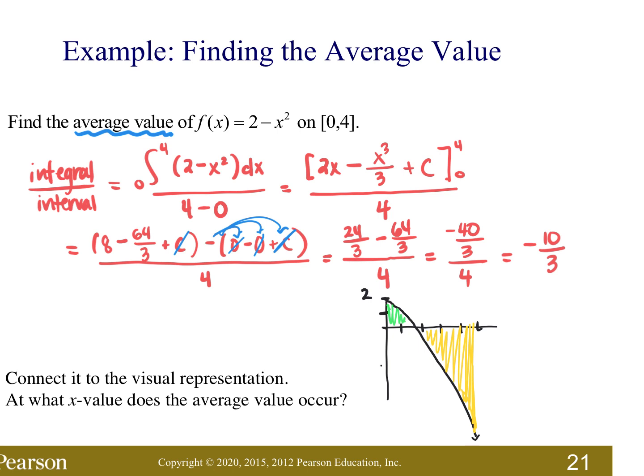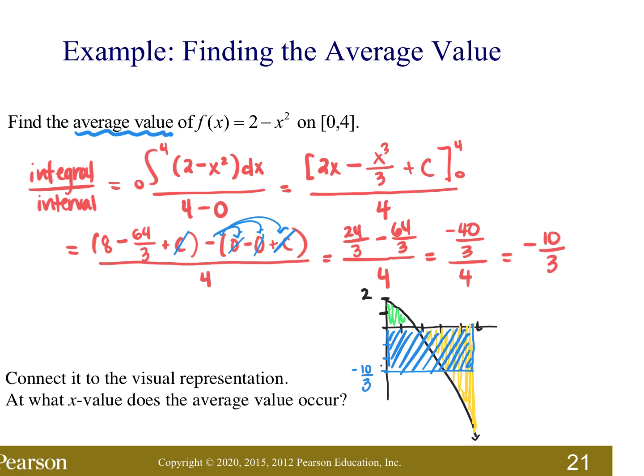And what the number negative 10 thirds means is if I find negative 10 thirds on the y-axis, and if I were to draw a rectangle, that rectangle would have the exact same area as the green and the yellow combined. The base and the height of that rectangle would give the exact same area as the green and the yellow combined. That's the position of the average value.